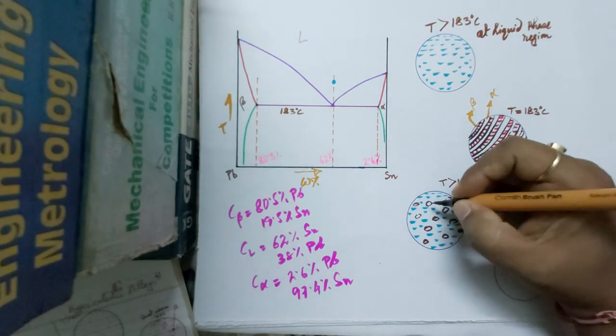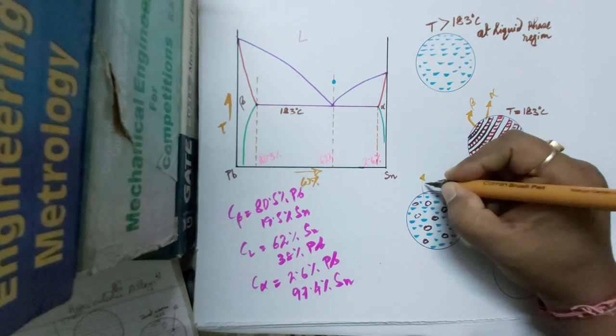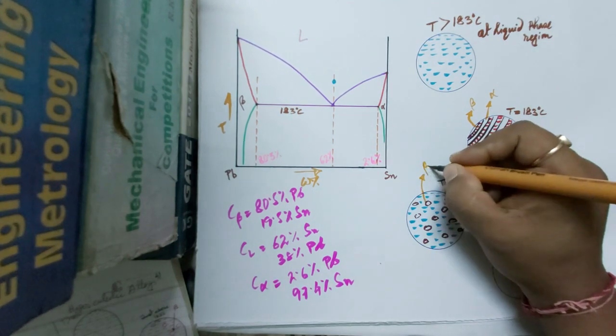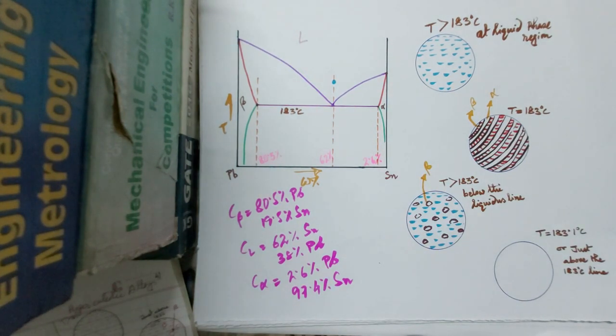So these are beta, and these sky-colored dots are liquid phase.